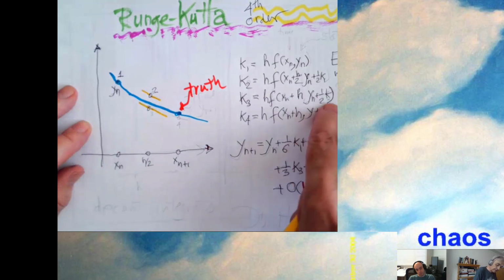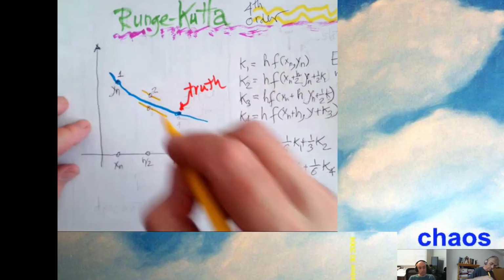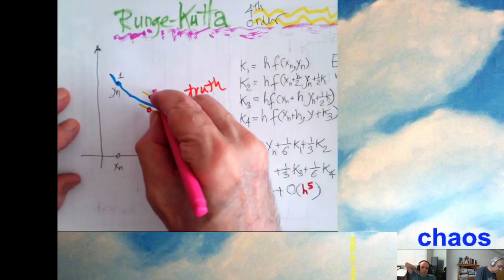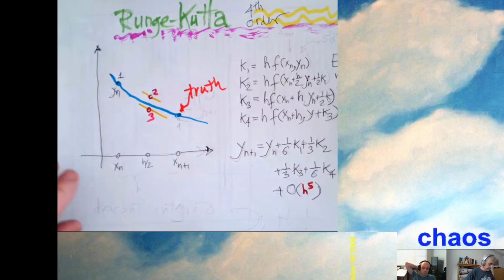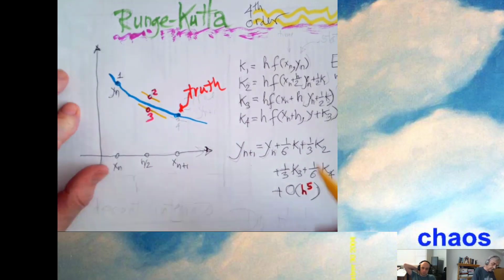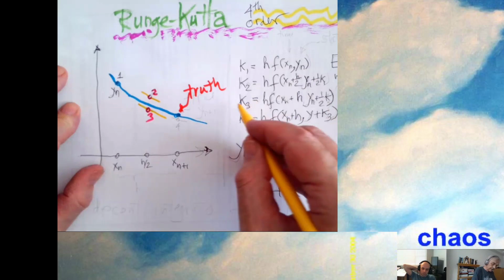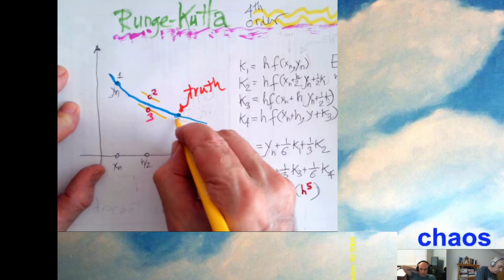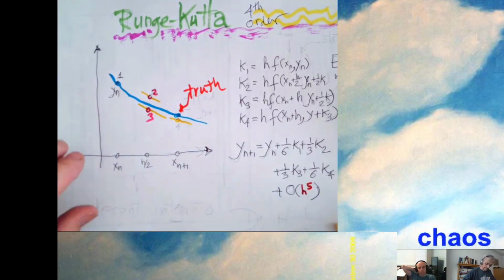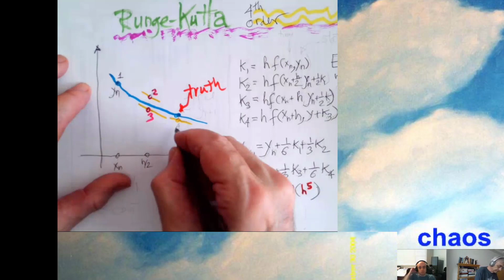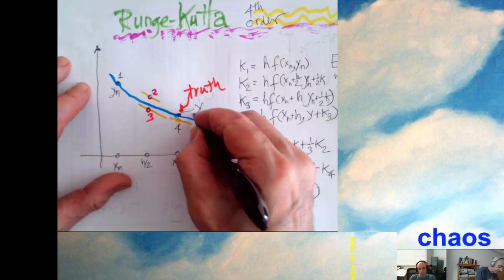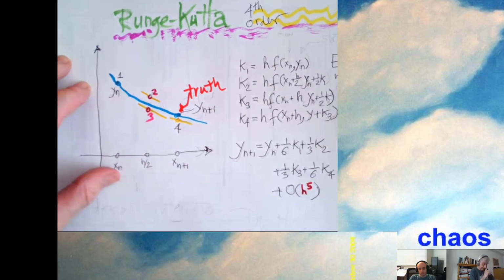So these are done on mid-interval, but I'm using the preceding one to improve the estimate of the slope. So I get 2 of these, 2 and 3. And then I finally nail it by going to the end of the interval using the best slope, kind of best curvature, and that gives me the point 4. And the truth is rather close to what I wanted.